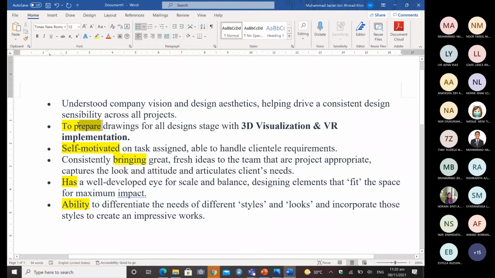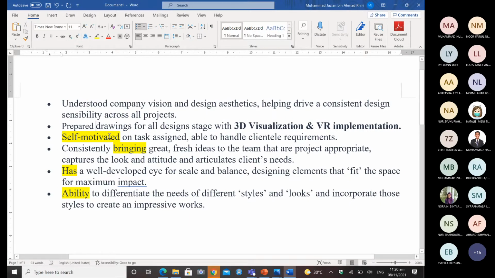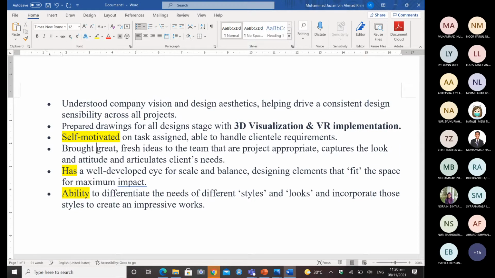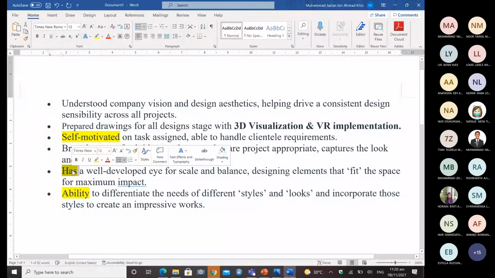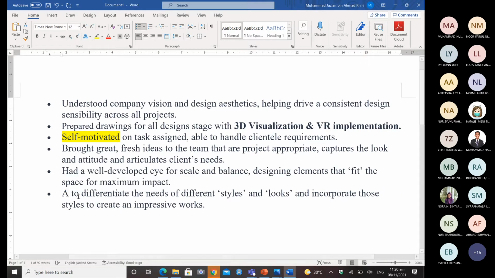And this one becomes prepared. This one stays the same, no need to change. This one changes to brought. Past tense of has is had. Ability is a noun, so to make it a verb, change it to able.